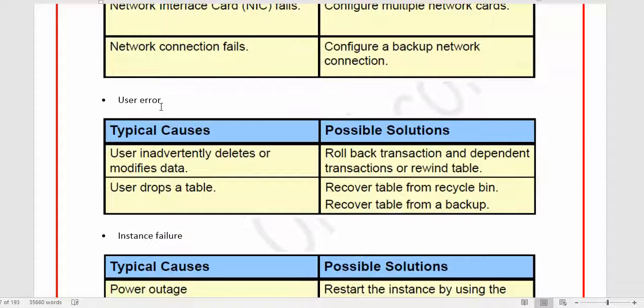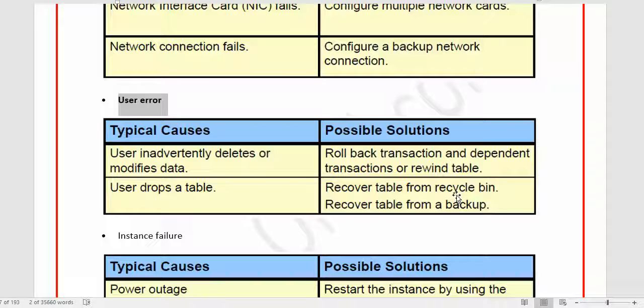And then the user error. As I told you, if a user accidentally deletes data, or accidentally drops a table, you should be able to roll back the transaction or get back the dropped table. All dropped tables are basically in the recycle bin. It is very similar to how Windows or Mac works. If you delete something, it is there in the recycle bin, and you can put it back in the same location.